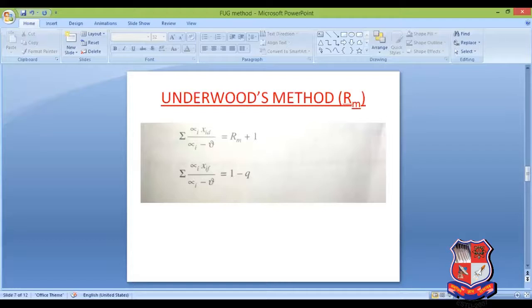See, alpha is the average relative volatility of the ith component, x_if is the mole fraction of the ith component in the feed, theta is what we need to determine, and q, you know, is (Hg minus Hf) divided by (Hg minus Hl). So you can refer to a book, right? You have to determine q, which actually shows you the feed condition. Maybe in future I will prepare a video on q in mass transfer, right? So from this you have to determine this value of theta.